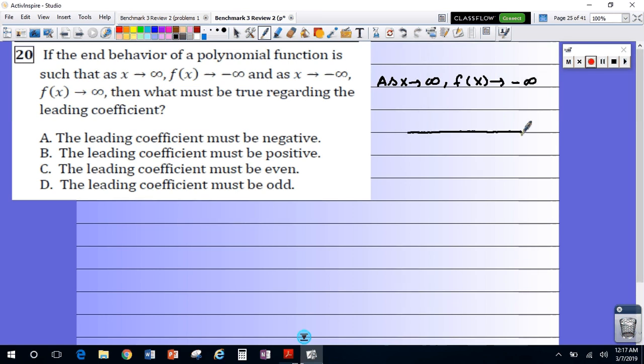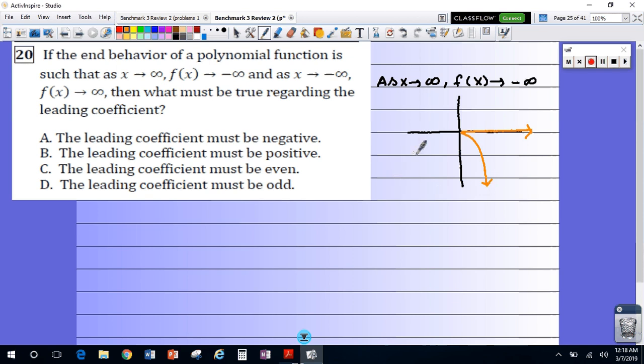So let me draw a line here. When x is going in this direction, your f of x is going negative.